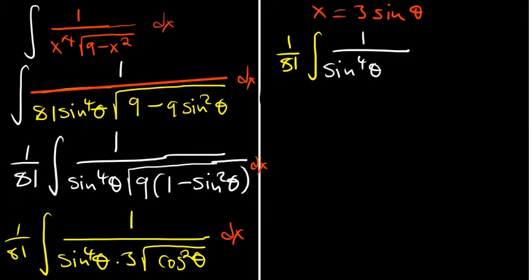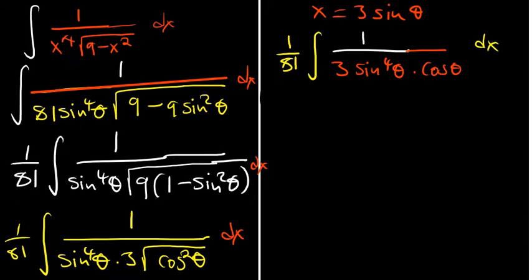So the 3 can actually become the coefficient there. So we have a 3, and then sine 4 theta, and then we just have it multiplied by cosine of theta. So don't forget we have dx attached.